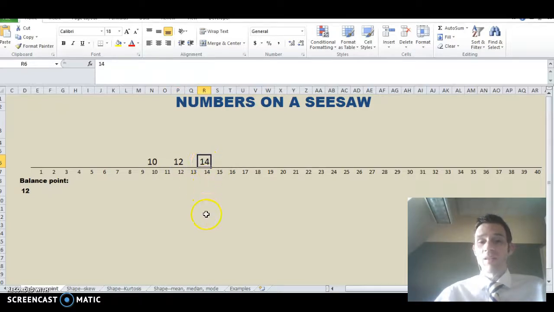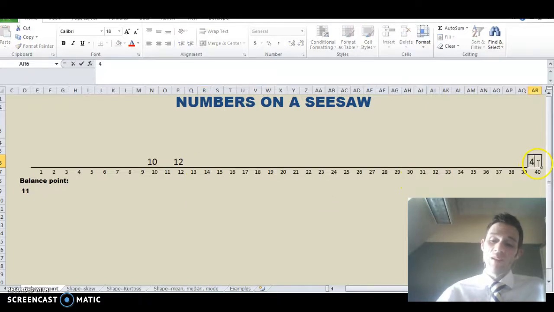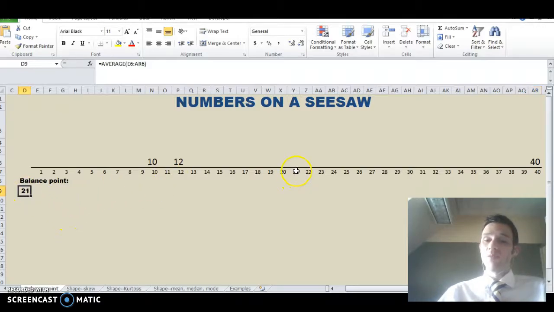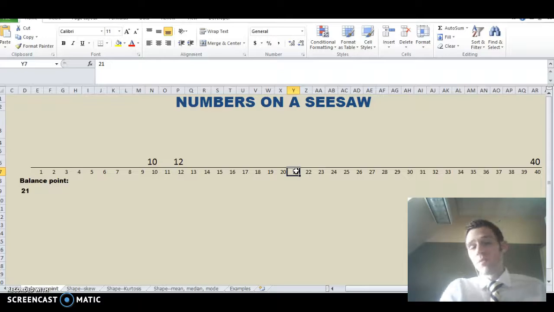But what if this third baby doesn't weigh 14 pounds? This third baby weighs 40 pounds. This shifts the balance point from 12 to 21. So now the new balance point is over here. You can probably see that in order for this seesaw to balance, we have to shift the fulcrum, or the balancing point, more toward the 40 pounds because we have more weight on that side.